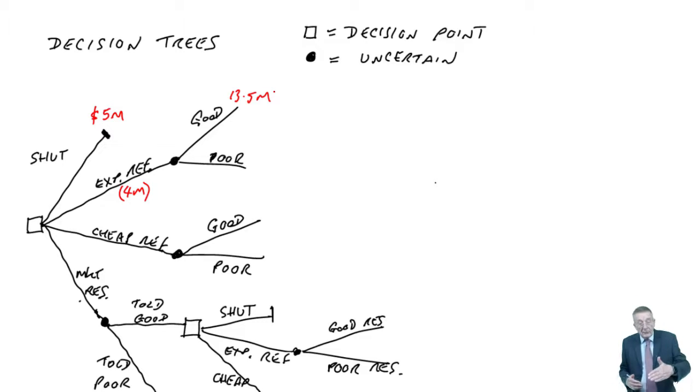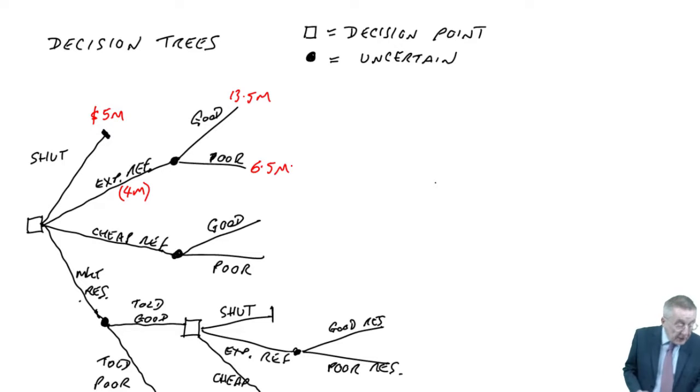So we'd have been paying out 4, then we'll get back 13.5, a net 9.5 million. Or if we do poor, we'll still have paid out 4 million and we'll get back 6.5 million. So if you prefer, a net 2.5 million.